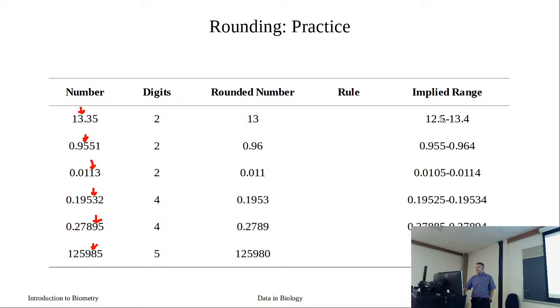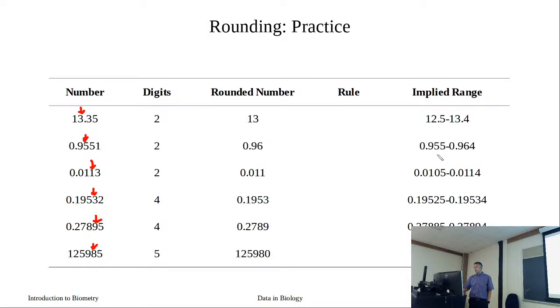Now, according to our rounding rules, there's nothing after the 5, so we should have left this alone. We're going to make it easy and just say when we work with an implied range, 12.5 to 13.4 will suffice as an answer. If you did 12.51 up to 13.4, that could work. I'm not going to take off for it.